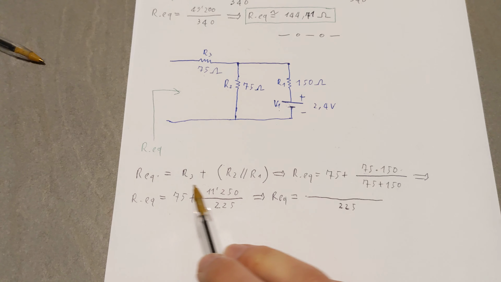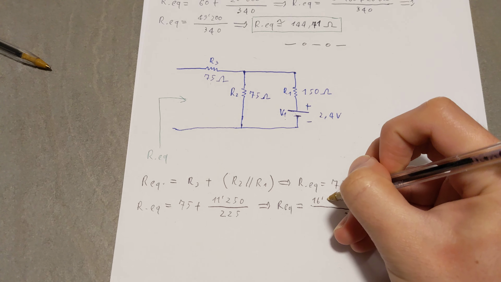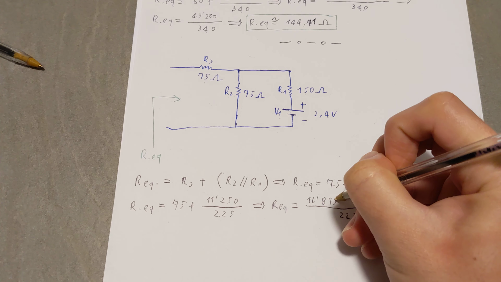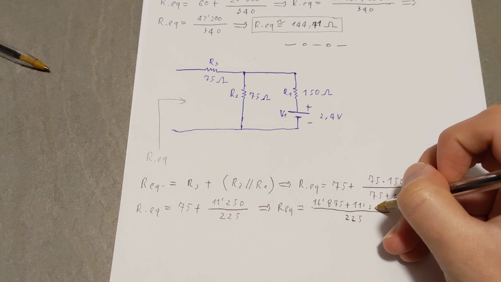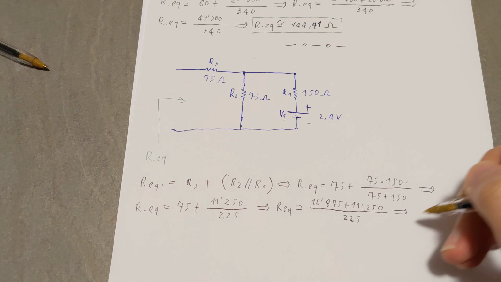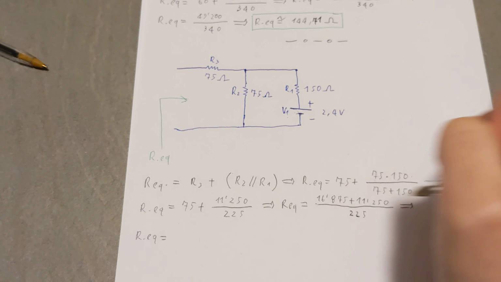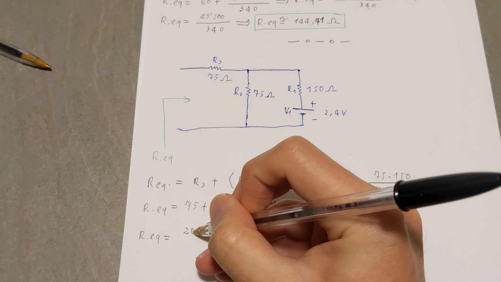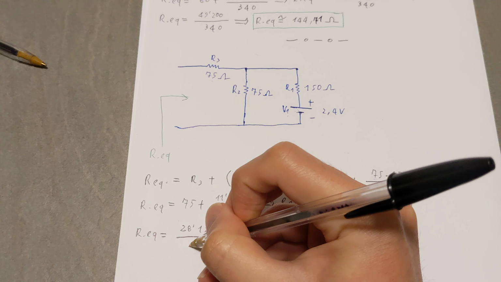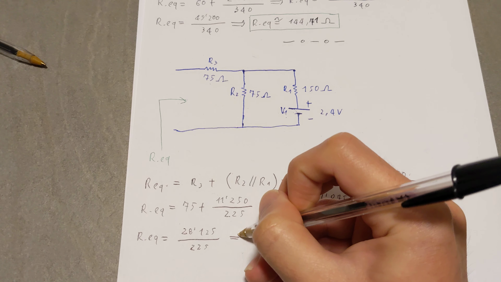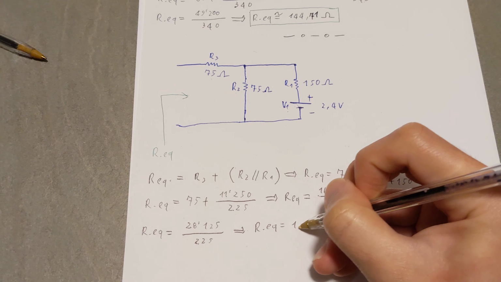Do a part of the fraction. Here we have 16,875 plus 11,250. And this gives us 28,125 over 225, which is 125 ohm.